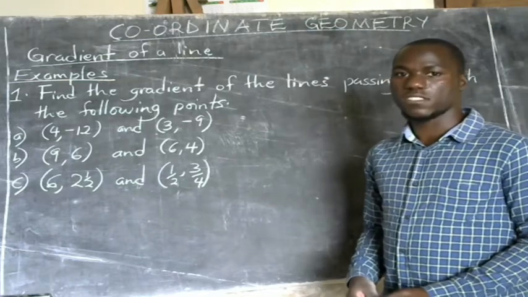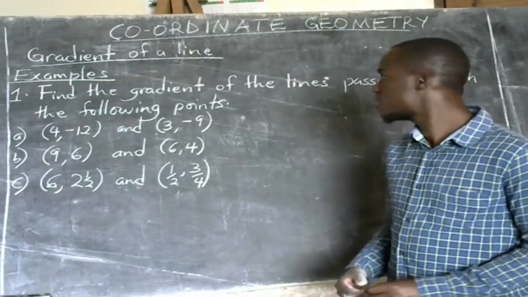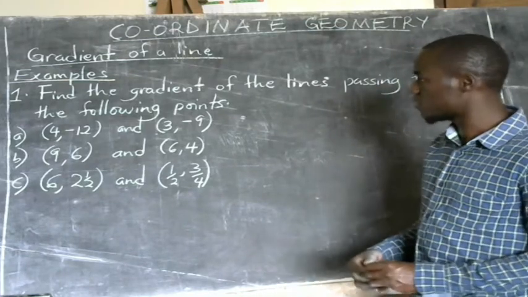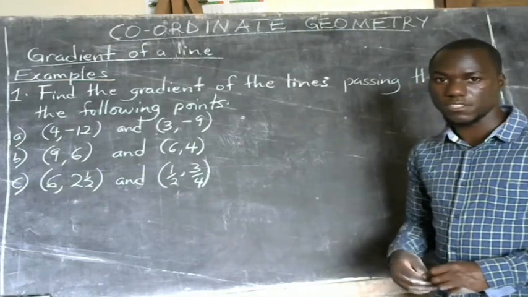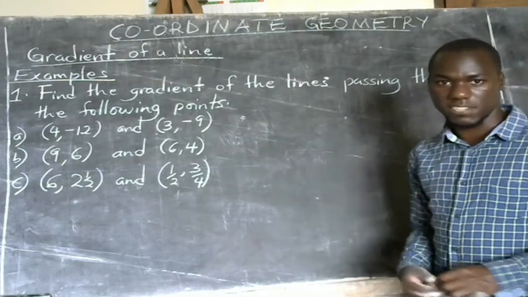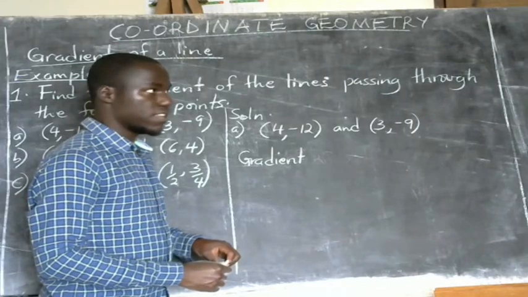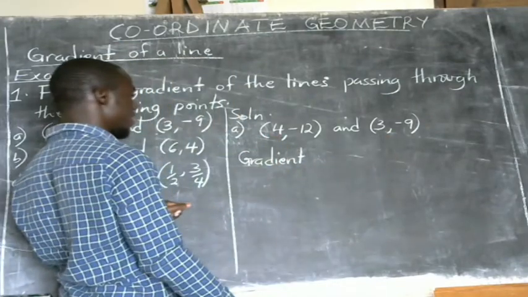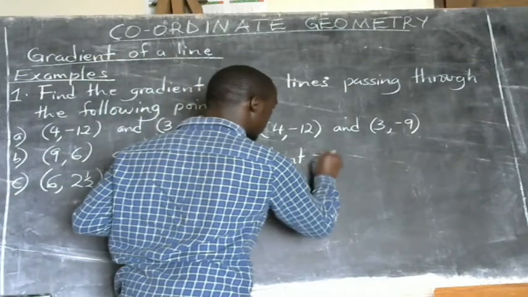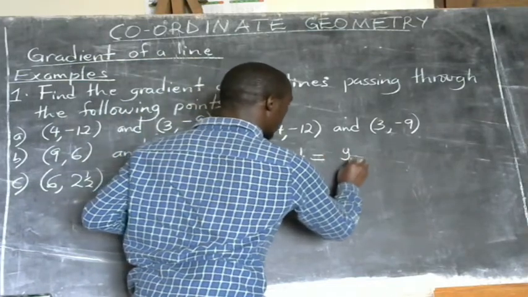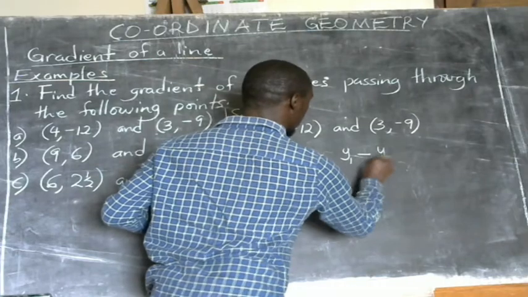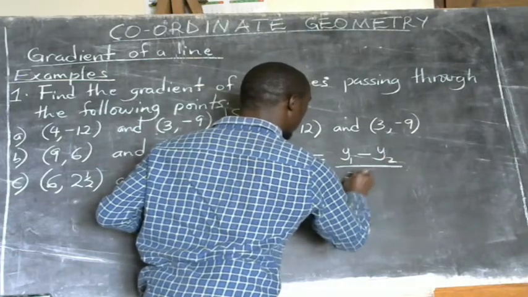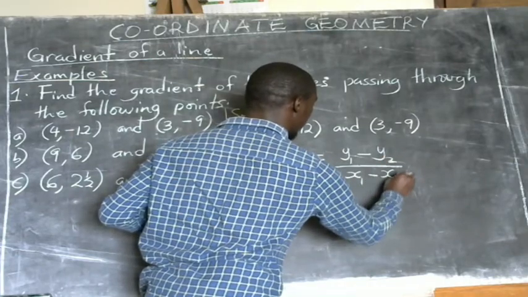So our first example: find the gradient of the lines passing through the following points, part A up to part C. For part A, I have these 2 points, and the gradient is going to be equal to y1 minus y2 all over x1 minus x2.